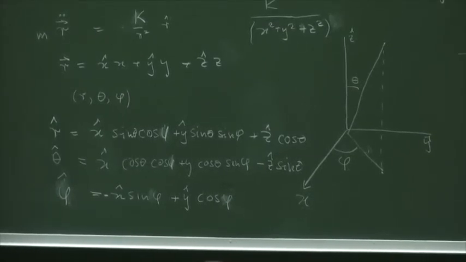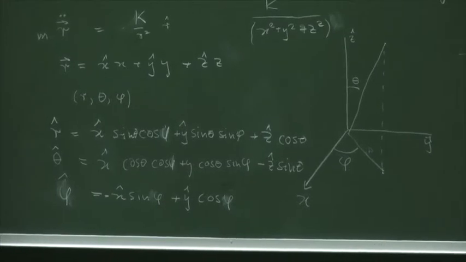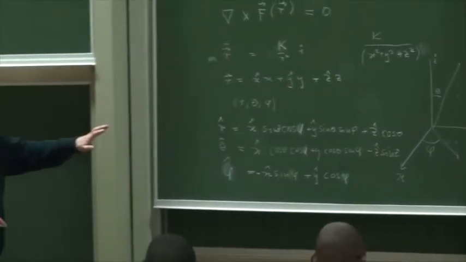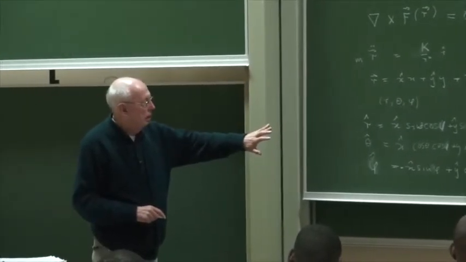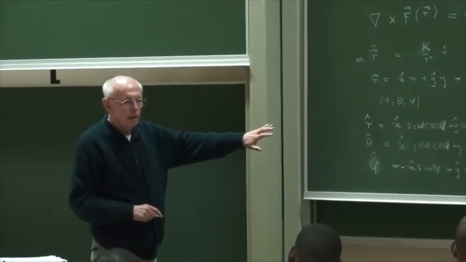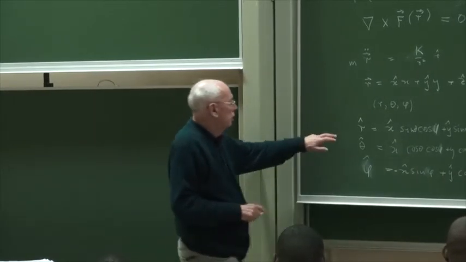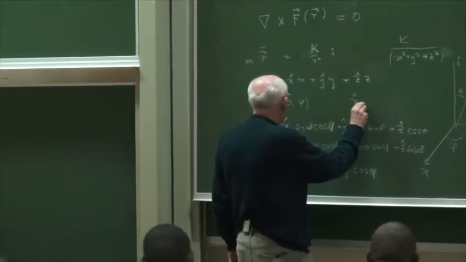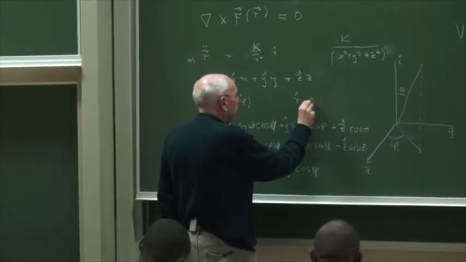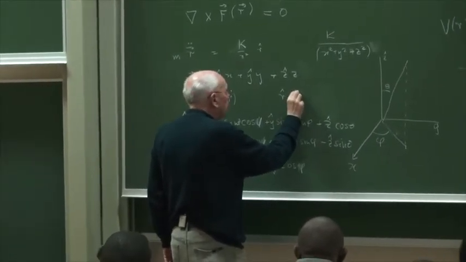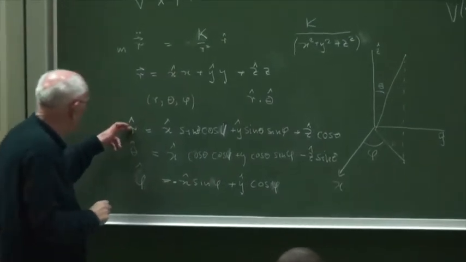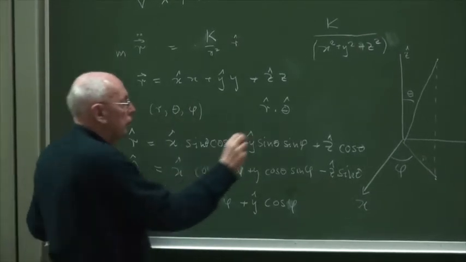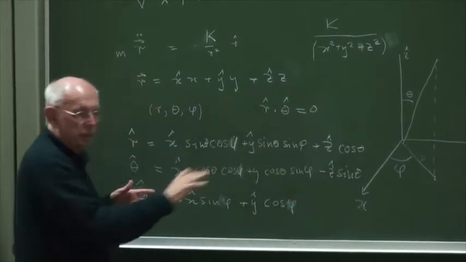Now the thing to do, just in order to make sure that you have reached the correct answer, is to just check that you indeed have a coordinate system which is orthogonal. So you should take the dot product of this and that must be 0, and you can check that.